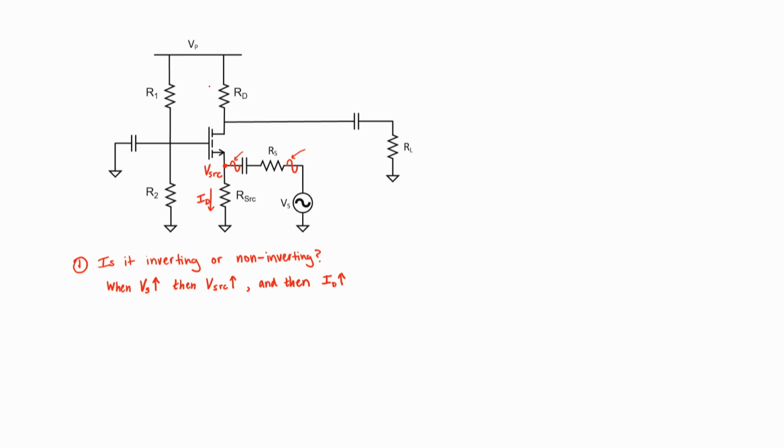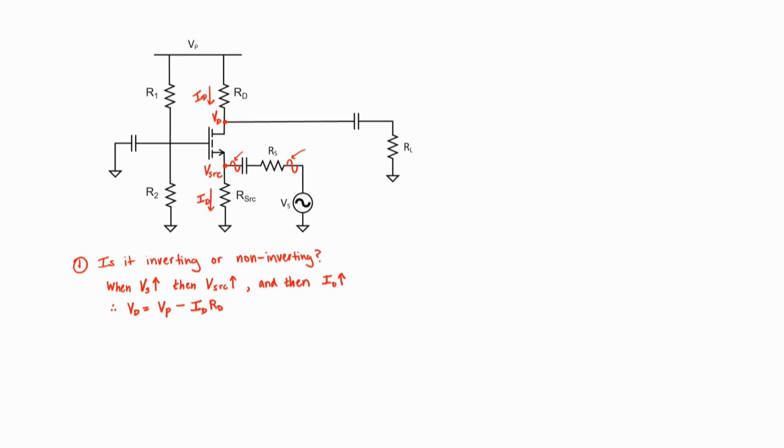That drain current passes through the drain resistor R sub D, and it will have an effect on the drain voltage, which I'll label V sub D. V sub D is going to be some voltage below our power supply, and I can just apply Ohm's law across the drain resistor R sub D. We've already noted that the drain current is going to increase when our signal increases, and I can see where it is in this equation.